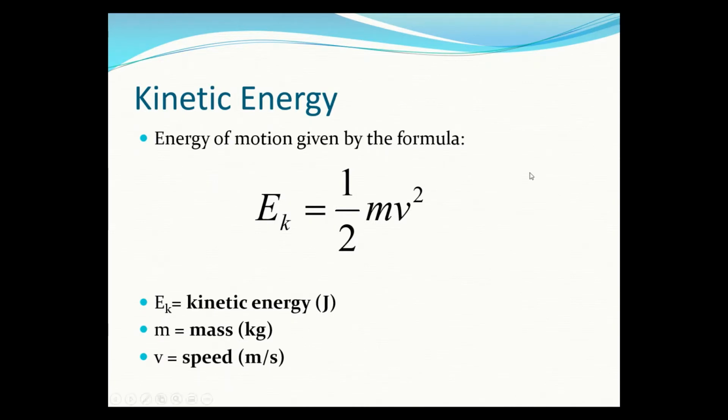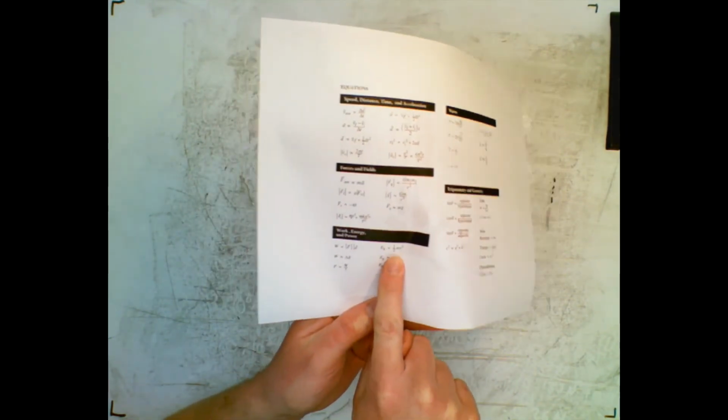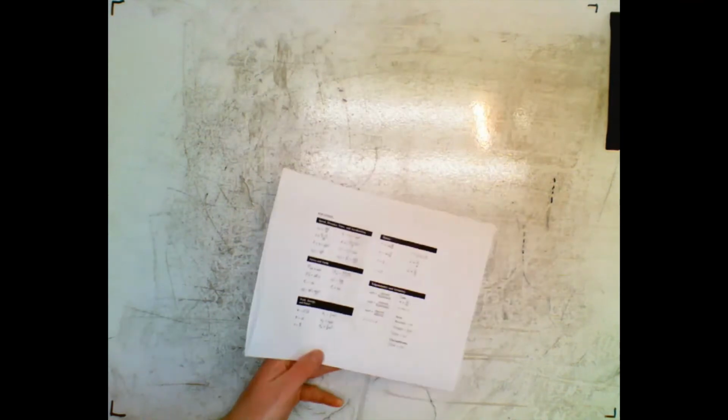With energy, because we want to answer in joules, you have to use kilograms and meters per second. You can't use kilometers per hour at all. On your data booklet, all of these are found under work, energy, and power, on this bottom section here. So kinetic energy is right there on your data booklet.